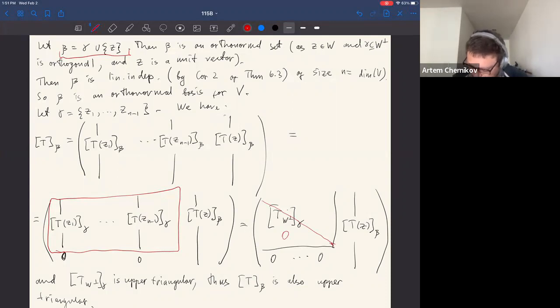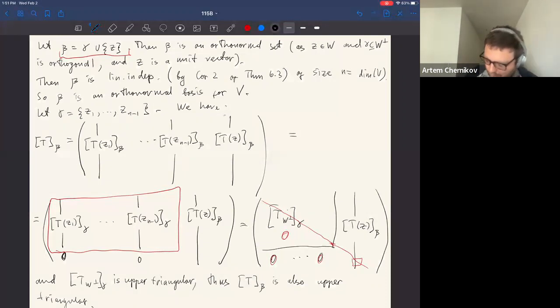We have just one final entry on the diagonal, which comes from the last column. But this entry we don't care about, because we only need zeros below the diagonal. So we have zeros everywhere below the diagonal, which means that the whole matrix is upper triangular.